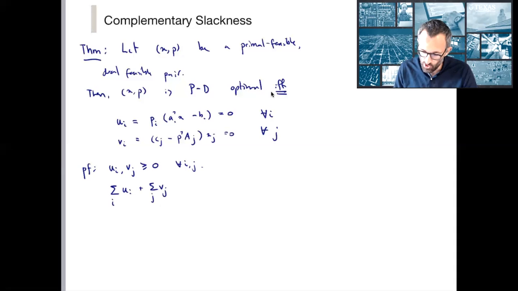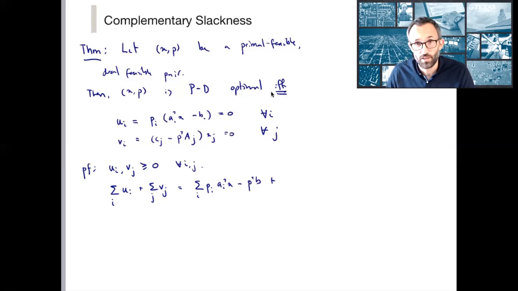Now just writing out the relationship, you see that this is equal to the sum over i of pi ai transpose x minus the sum of pi bi, which I'll abbreviate by p transpose b, plus the sum over vj.